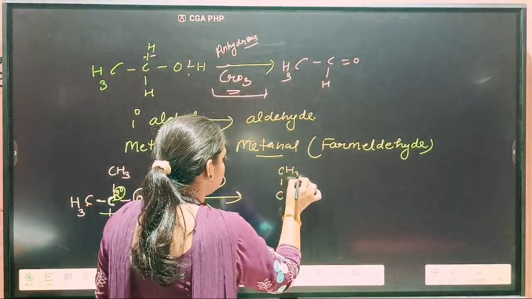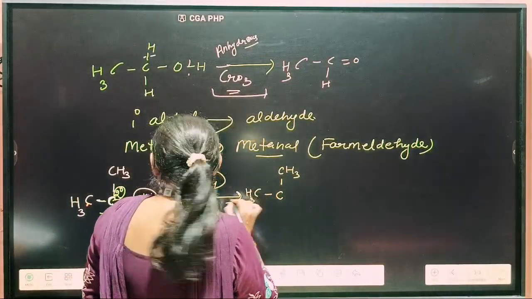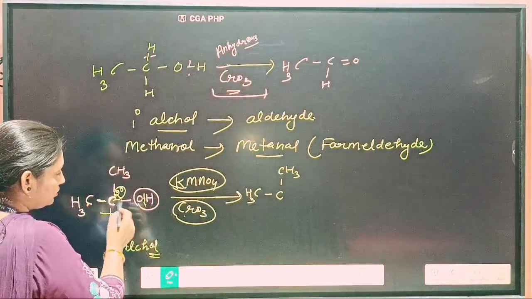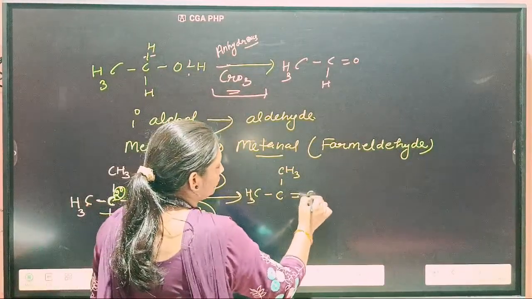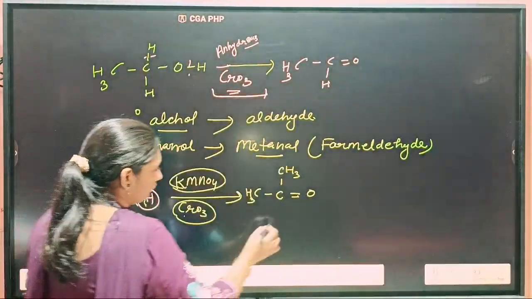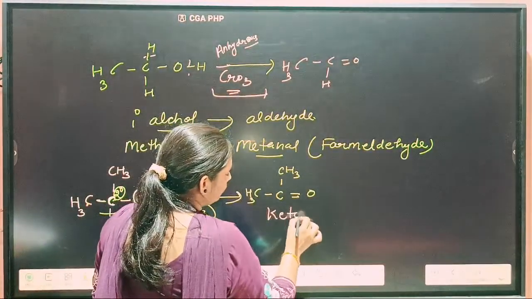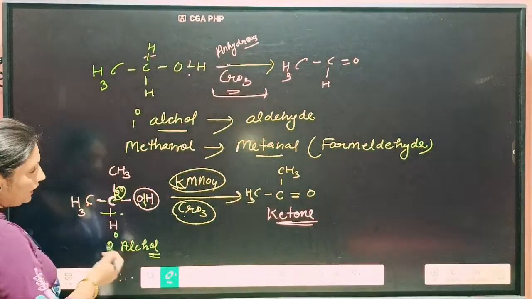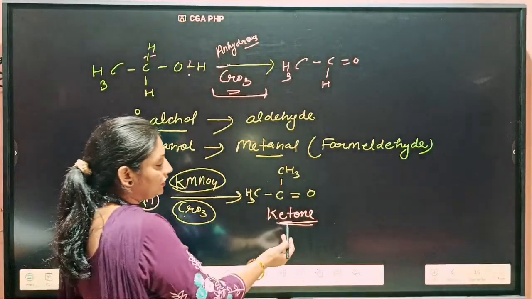We will get CH3, CH3 here, because we are losing 2 valency. So there we will put a double bond, meaning they convert into the ketone. So from oxidation of the secondary alcohol, we get ketone.